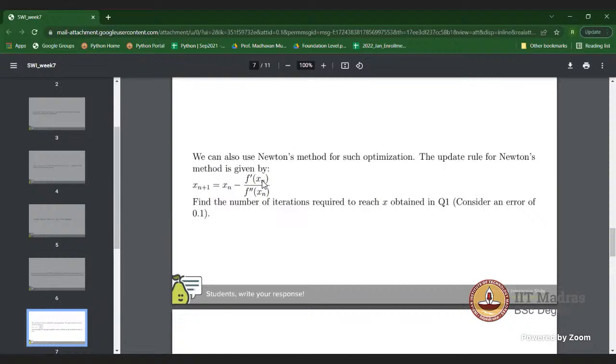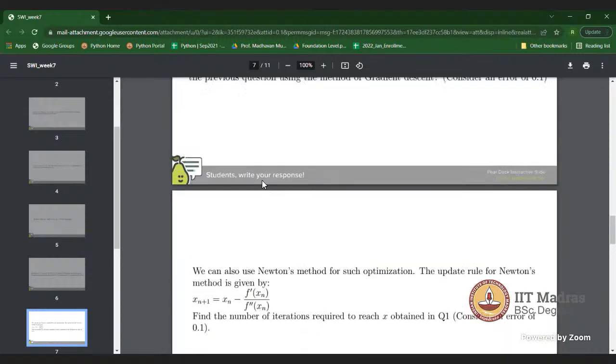Instead of that, we use x n plus 1 equals x n minus f dash of x by f double dash of x. By using this formula, how many iterations do we need to arrive at the solution? That's the question.